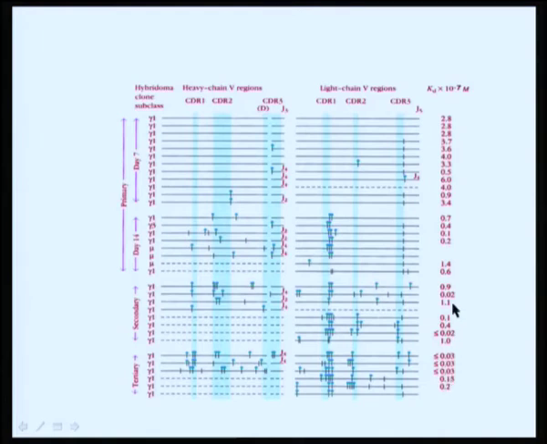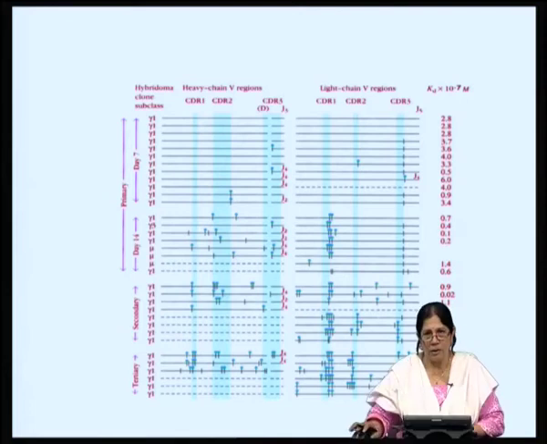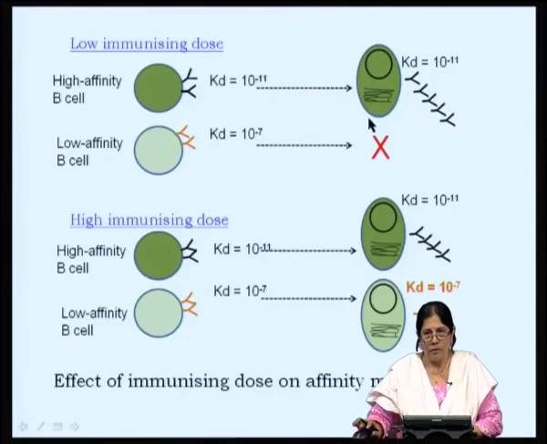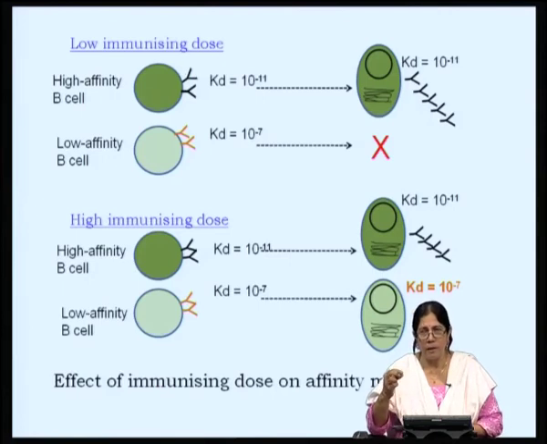Now, this was of direct relevance, and this experiment has been reproduced several times to show that during the generation of an immune response, we have an increase in the affinity, and this can only happen by receptor editing, because remember, if the sequence remains the same, there cannot be an increase in the affinity. For the affinity to be increased, there has to be a sequence change, and this sequence change happens because of an error prone polymerase, which gets activated in memory cells.